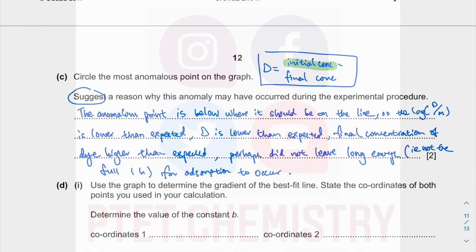If you talk about the M, if you want it to be lower, then your M would be higher, and M is the mass of the activated charcoal. So you might have used too much of your activated charcoal. That will give you the log D over M lower than expected. Okay, so there are various things you can talk about really in terms of discussing anomalies.